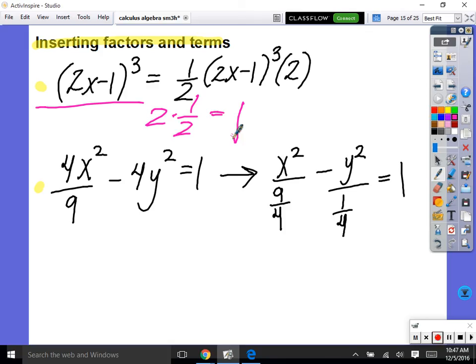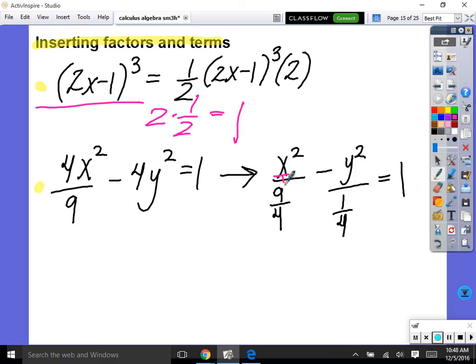This and this are the same. So think about y. 4x squared divided by 9. Isn't that the same thing as x squared divided by 9/4? Dividing fractions is easy as pie. You flip the second fraction and multiply. So doesn't that put us back here? Does everybody see that? You don't see it.